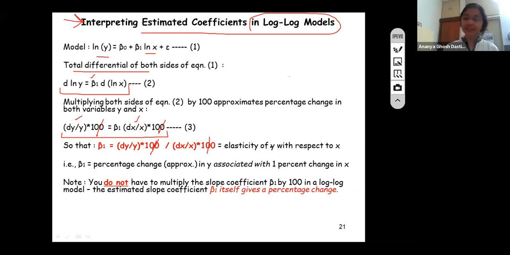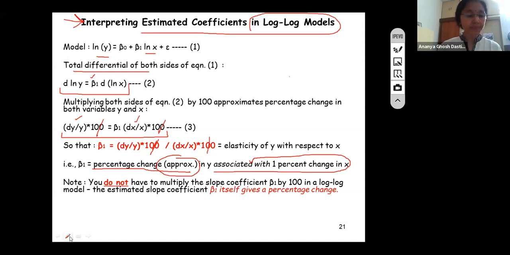So what are you left with? What is beta 1 capturing? Beta 1 is now the percentage change. Remember, it's an approximation because it's dy upon y, a small change upon y. So it's the percentage change in y associated with a 1% change in x. So I put dx by x equal to 1.